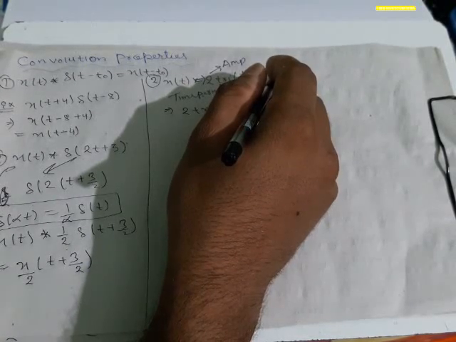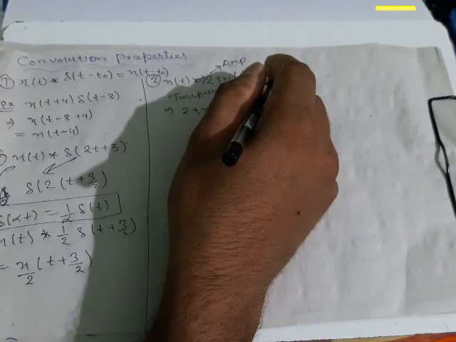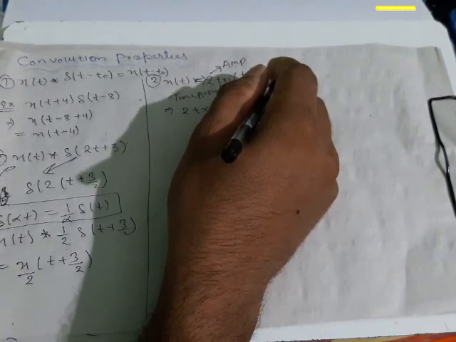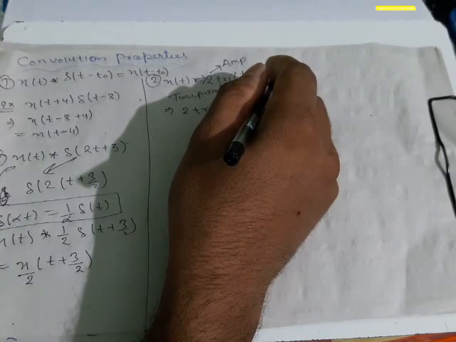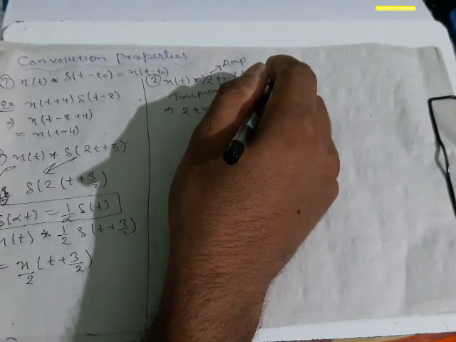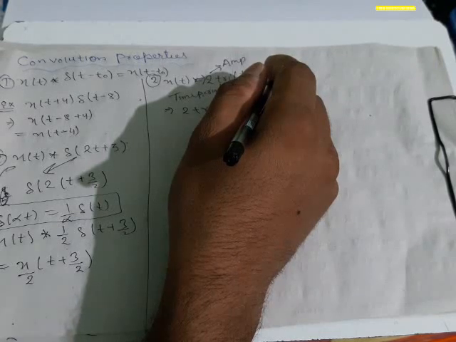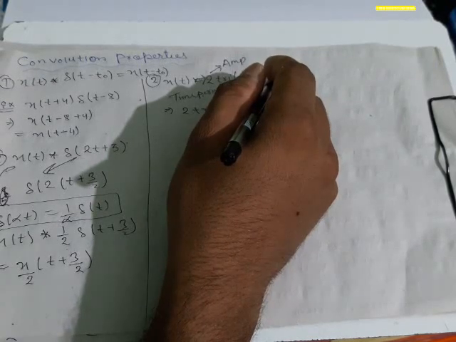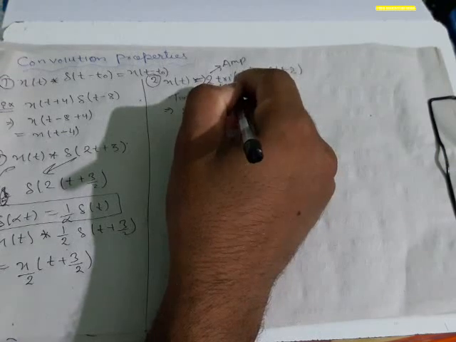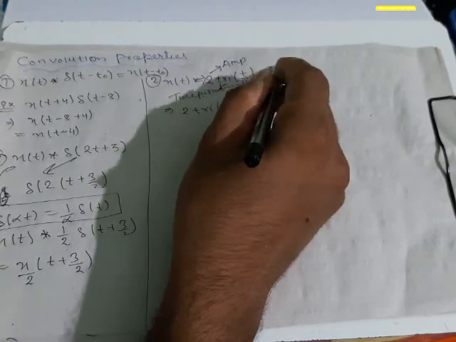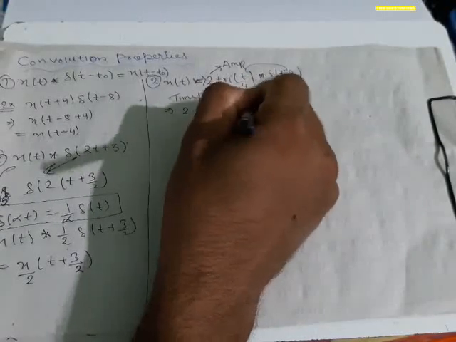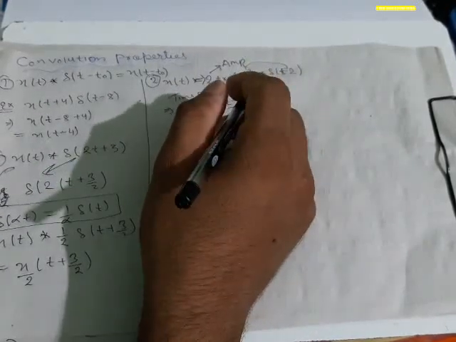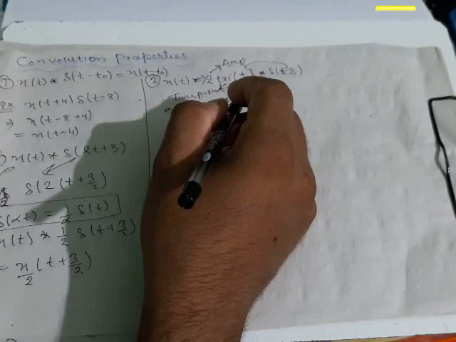This is convolved with the shifted impulse delta(t - 2). So what will be the answer for this question? Let's see what the result will be.